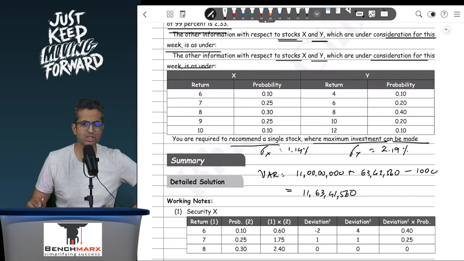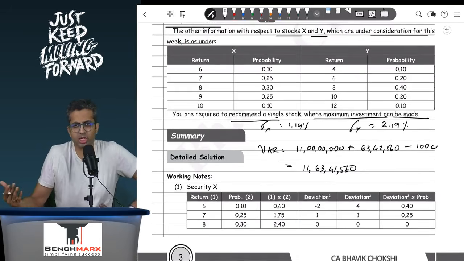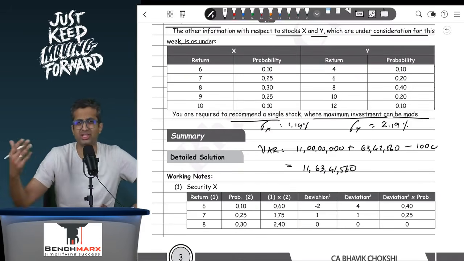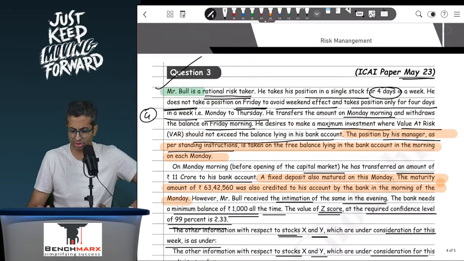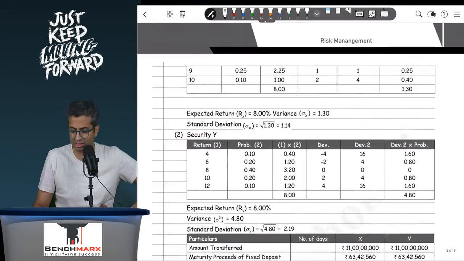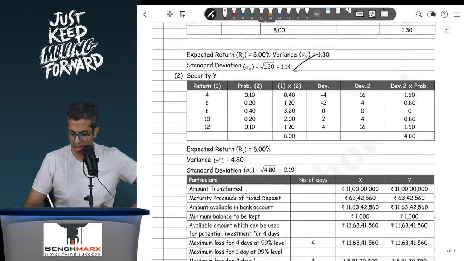41,560. So this is your VaR, but this VaR of 11 crore 63 lakh 41,560 should equal the amount invested. So let us say that is X crores into the daily standard deviation which we have found as 1.14%, into 2.33, into the root of 4. Again you are taking the position from Monday to Thursday for 4 days as the question tells you, and hence this will be calculated accordingly. So this is 1.14 and this is 2.19.